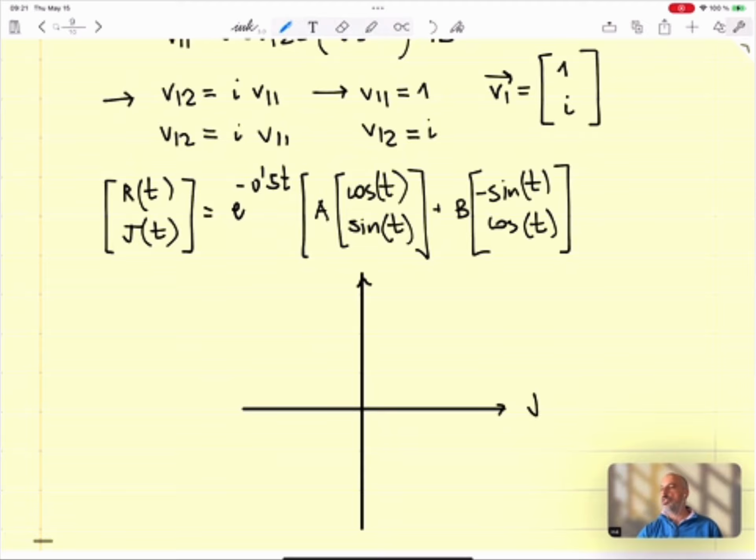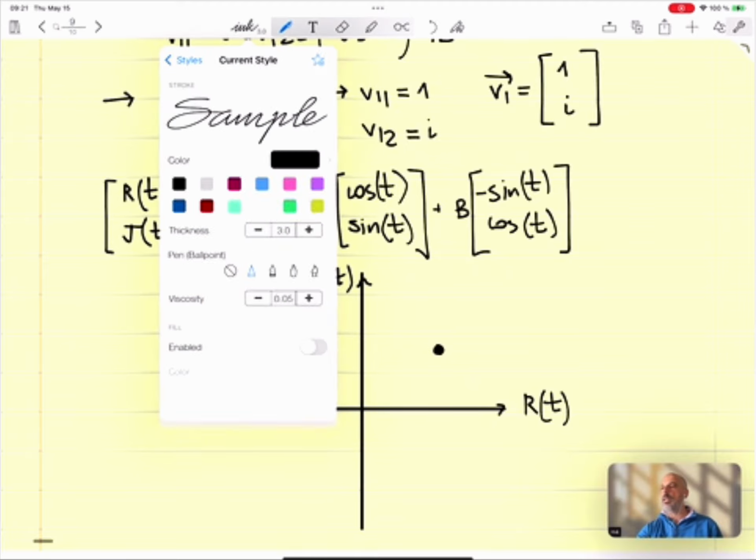This is J. This is R. Sorry, but it doesn't matter. This is R of t. This is J of t. Okay, so if Romeo and Julia start here, let's say, finding each other attractive, what will happen is this.